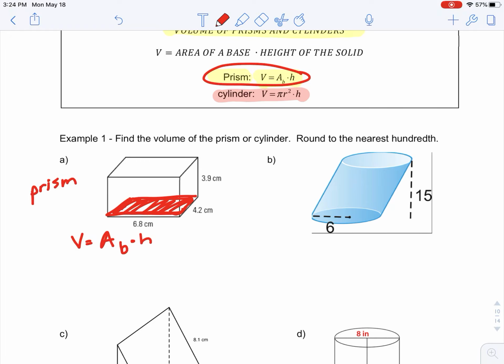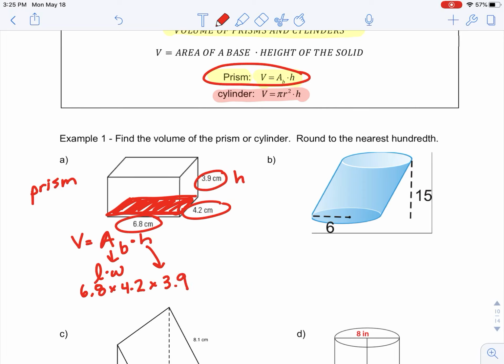So to find the area of that rectangle, I just do length times width, which would be these two numbers here, 6.8 times 4.2. But then I still have to do times the height. Here's my height on the side, 3.9. So really I'm just doing length times width times height for these rectangular prisms. I'll type all that in my calculator.